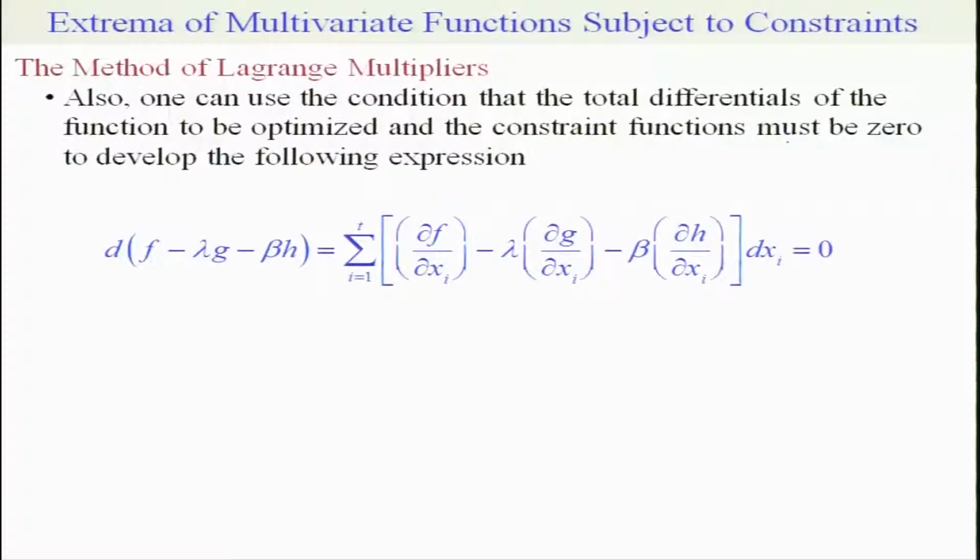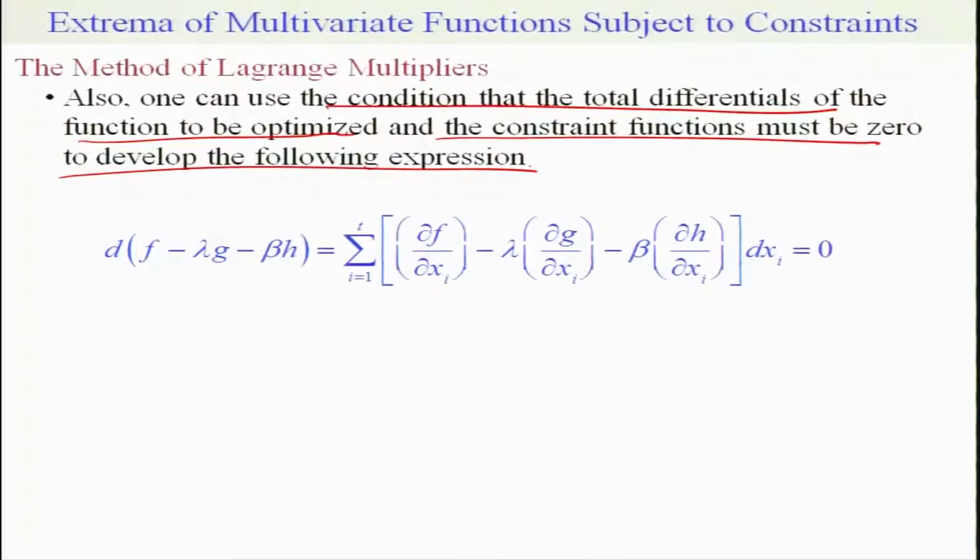We can simplify this expression by writing it in this form. Instead of doing this, one can use the condition that the total differential of the function to be optimized and of the constraint functions must be 0 to develop the following expression. That means d f minus lambda d g minus beta d h should be 0 in order to have a maximum value of the function, and you can write this expression as the summation from 1 to t, where t is the number of variables, of the first derivative with respect to xi minus lambda and minus beta, times dxi.